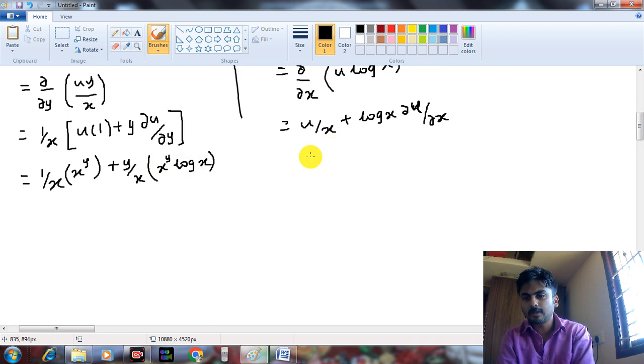What about here? Here we have the value of u, x power y divided by x, plus log x again.